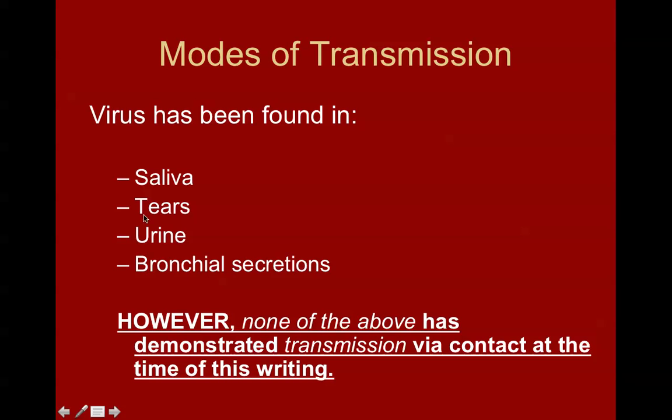These other 4, the virus has been found in, but they have not demonstrated transmission at the time of this writing. They haven't been proven to actually transmit, although the HIV virus has been found in them. So be sure you understand the difference between being detectable and being evidence of transmissible. And that's saliva, tears, urine, and bronchial secretions.